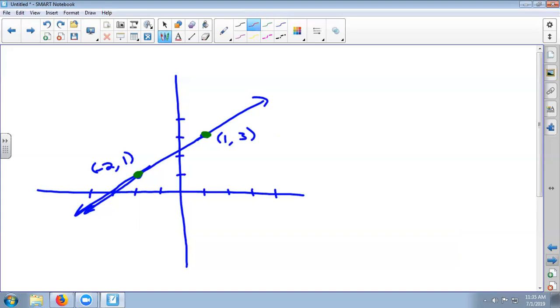I don't know the equation. I don't really care. I want to know the slope of this line.